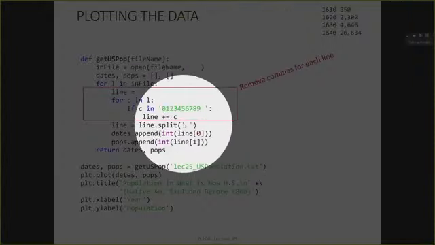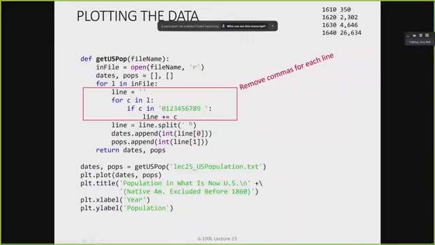And then the item at index 1 is the thing after the space, again without the comma, because we did that trick. Then we cast that to an integer and append that to our populations. Okay? So that's what we do there, and that's what we do there. And from there on out, we just return the dates and the populations. The dates become my x values for my plot, and the populations become the y values for my plot.